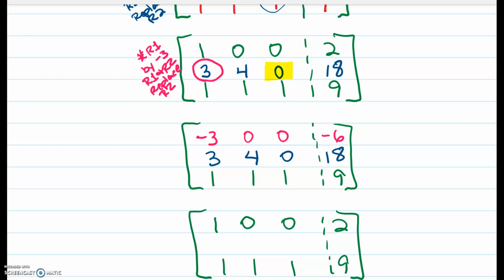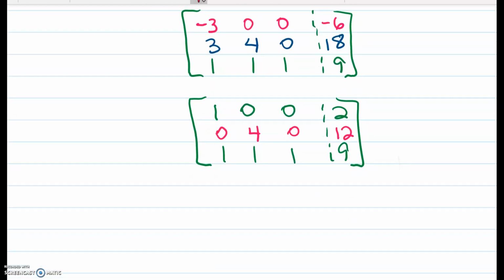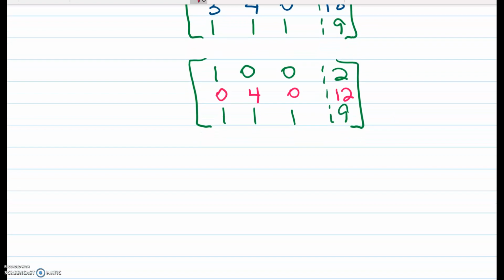If I add now rows 1 and 2, I get 0, 4, 0, and 12. Now, I am one step closer to getting that second row where I want it to be.